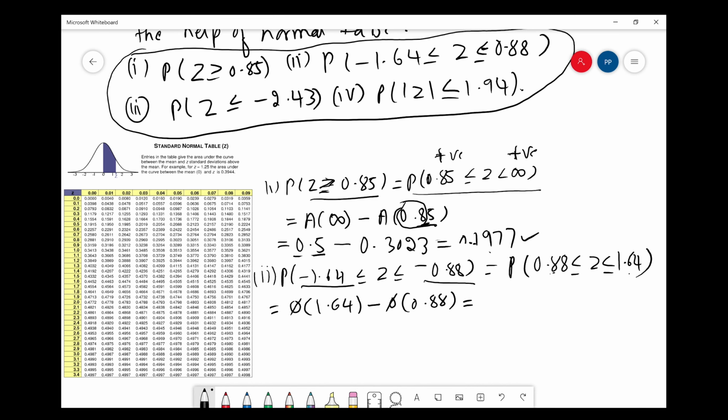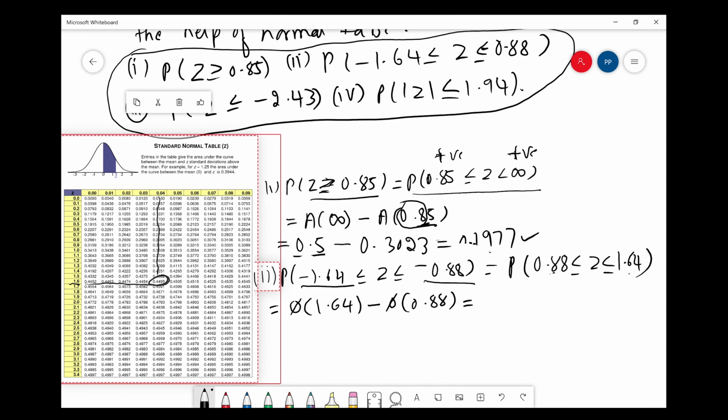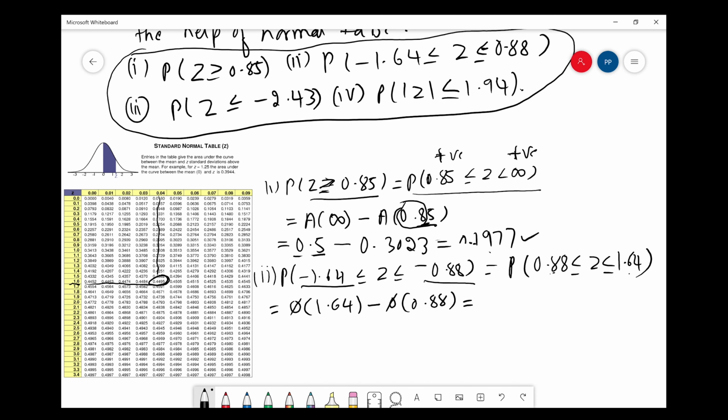Phi of 1.64: look for 1.6 here, and 0.0 for this one. You come down here, and this is the value, 0.4495.